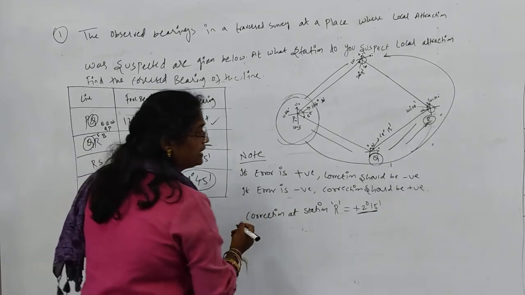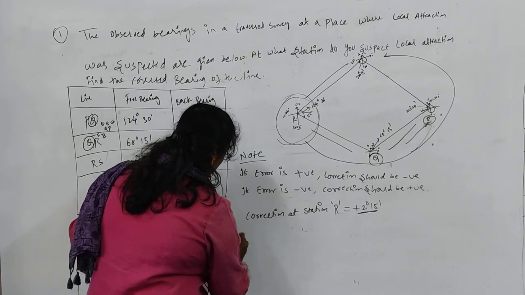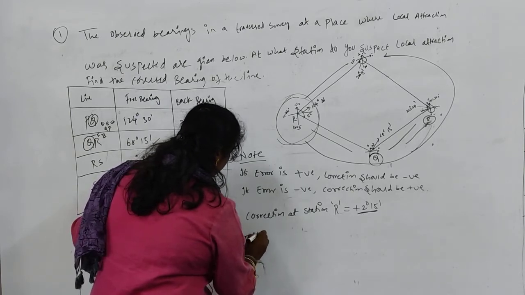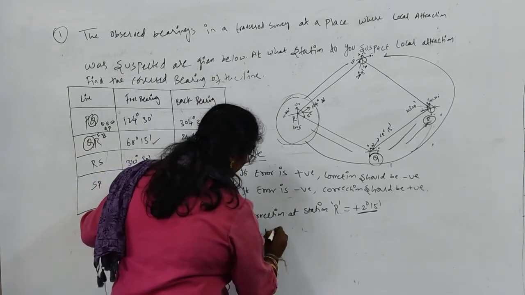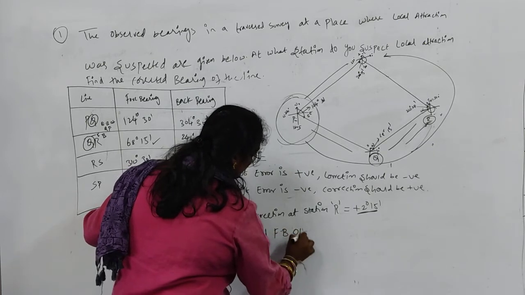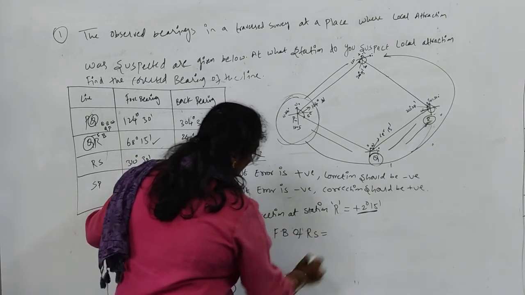So next, what we need to do? Next step, corrected forebearing of RS.